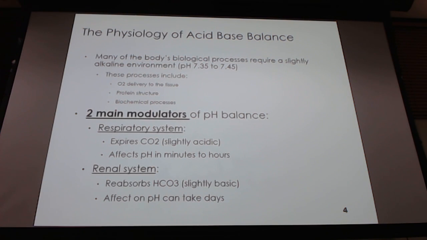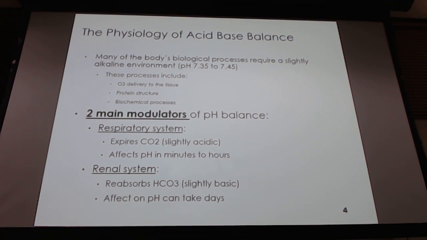So, important processes that we need to consider. There are our 2 main modulators. We can either affect pH with our respiratory system, where CO2 is slightly acidic, so if our body becomes acidic for whatever reason, we start to breathe faster to vent off that acid. That happens fairly quickly, minutes to hours.